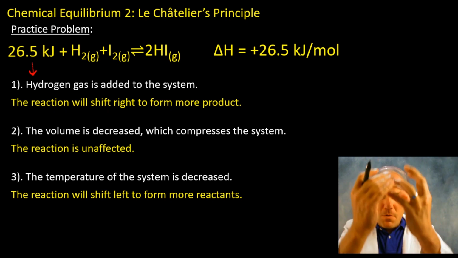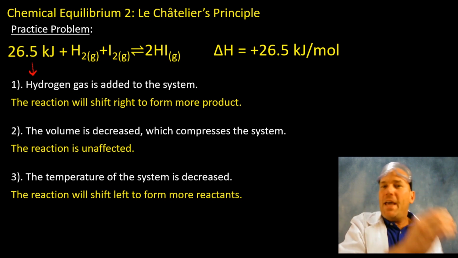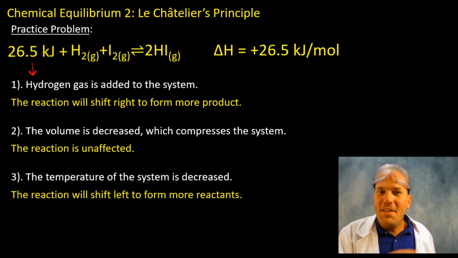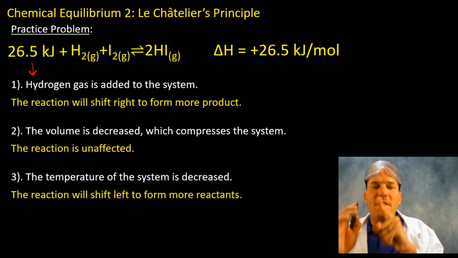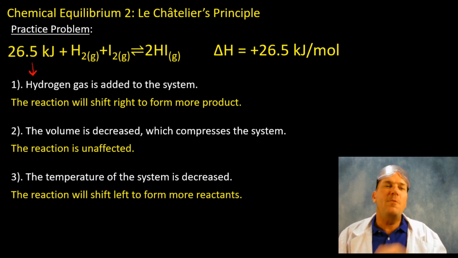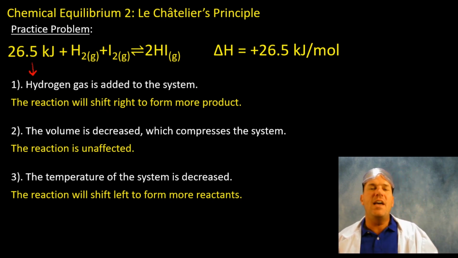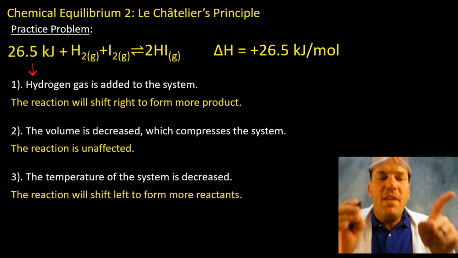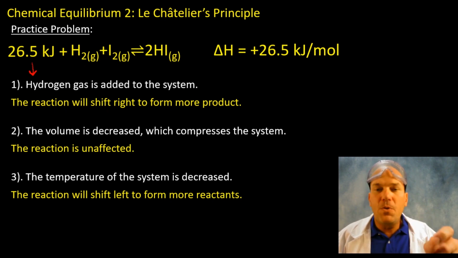So if we remove heat from the system, the shift is to restore that heat. Okay, so the reaction will shift left. It will favor the reverse and will make more reactants. So we're going to see an increase of hydrogen gas, an increase of iodine gas as a result of the decreased temperature, as a result of that stress to the system.